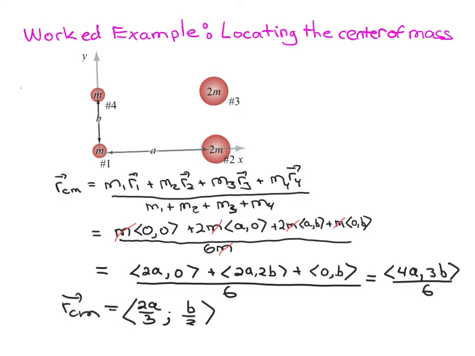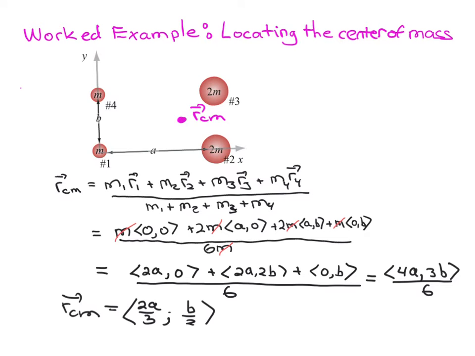But in the y direction, the thing is symmetric. At the point b over 2 in the middle, there's just as much mass above it as below it. So on our little chart, our center of mass is somewhere right around there. That is one example.